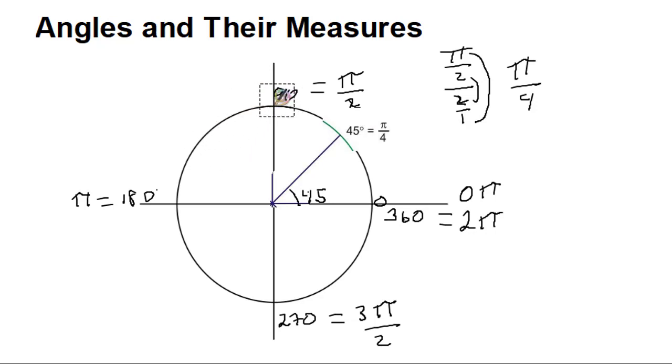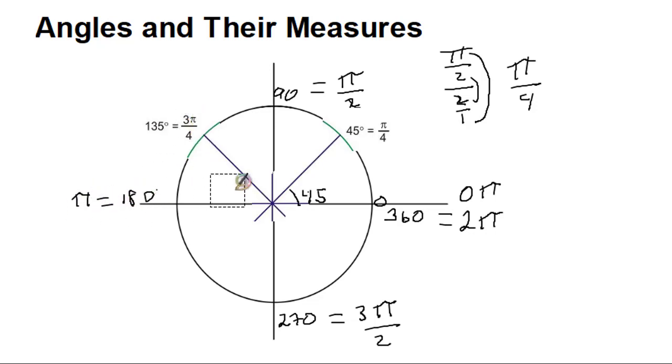Then in the half between pi divided by 2 and pi, I need to have 3 pi divided by 4. And in degrees, it needs to be 135. If I add 45 degrees, I'm going to have 180. Or if I add pi divided by 4 to this, I'm going to have pi.